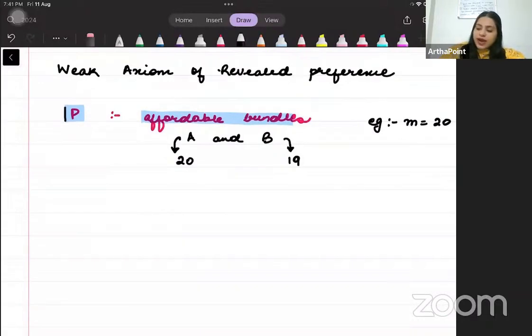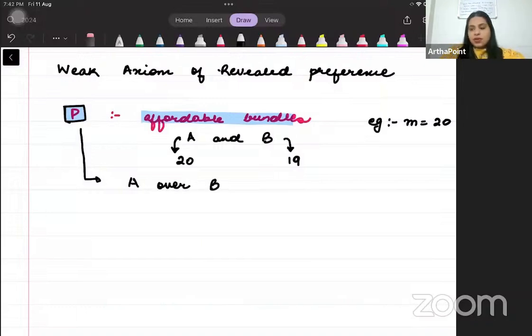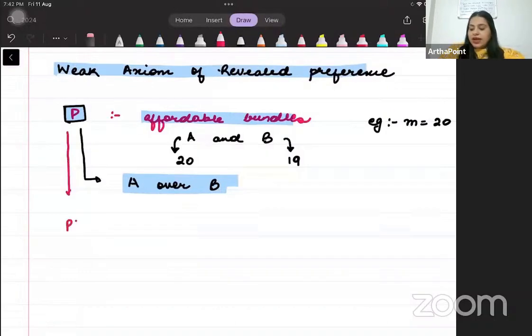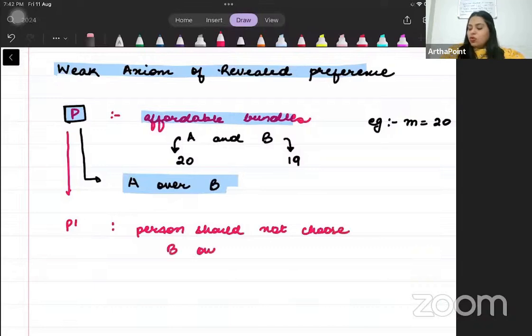So I'm saying that at this price bundle P, both are affordable, but the person chooses A over B. Then WARP states that at any other price bundle P dash, the person should not choose B over A when both are affordable.